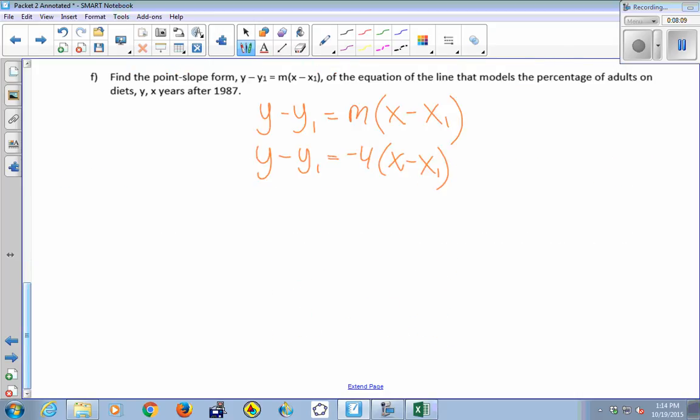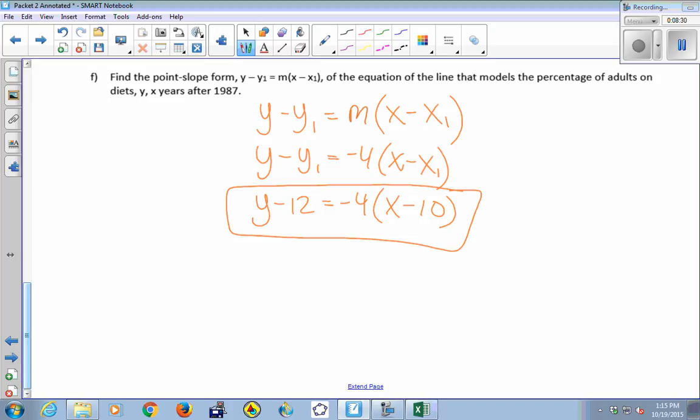And then the next thing I'm going to do is replace x1 and y1 with one of my points. Either point, doesn't matter, or any point that you have. So I have 10 for x and 12 for y, so I'll do y minus 12 is -4 times x minus 10. That's called the point slope form. It's called point slope because I used a point and the slope to make it.